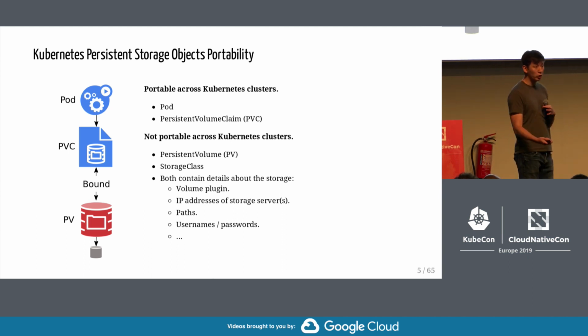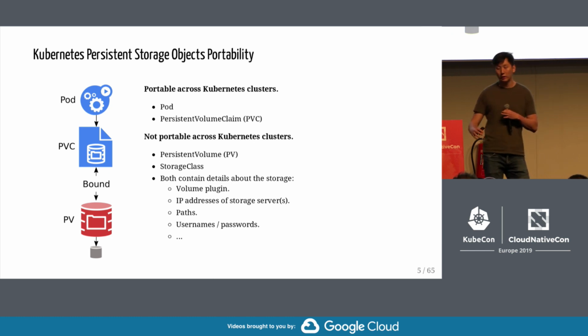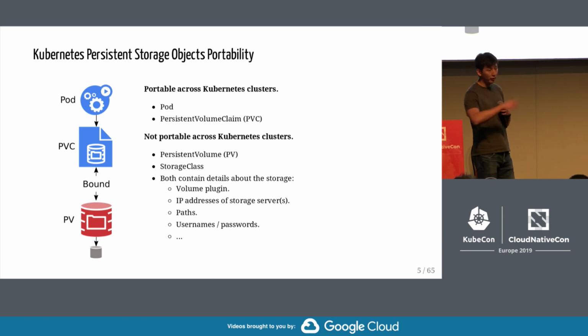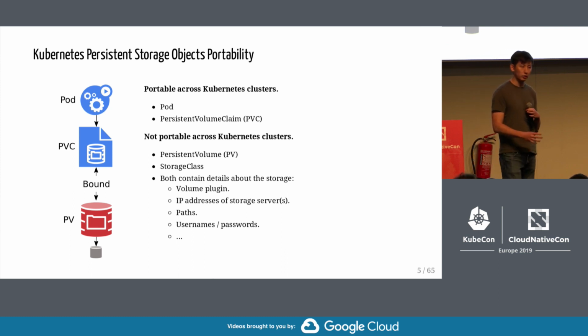And the persistent volumes, which the admins create, are not portable. These ones are different per cluster based on your underlying infrastructure. When you create these persistent volumes, they contain all of the details about the underlying storage. For example, if you're using NFS storage underneath, this would contain things like your credentials and the IP address of where to find this NFS.